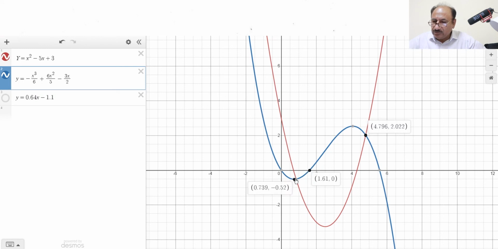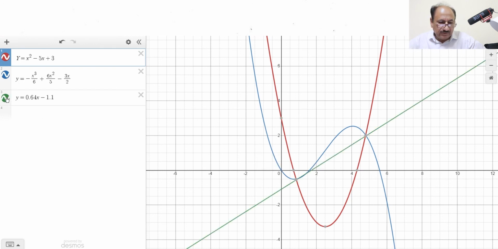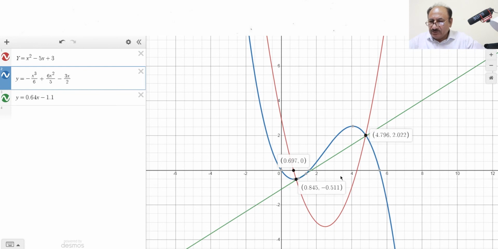This is the y-intercept also. And now the line which they have asked us about is this line, so this will be our point of intersection of this line and the second curve. So we can practice from here.